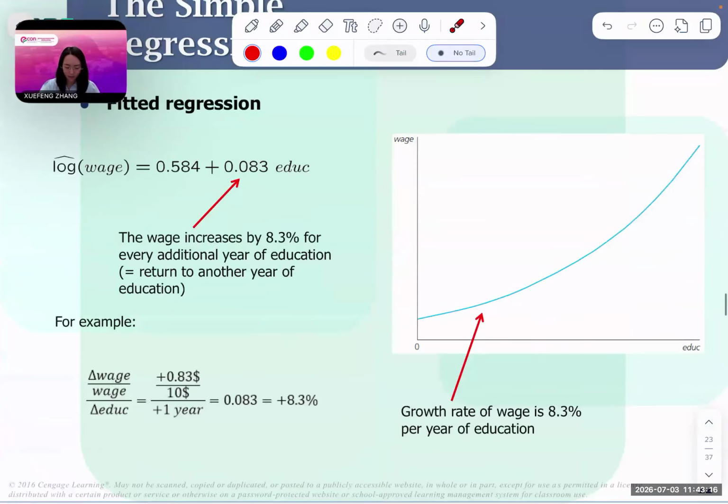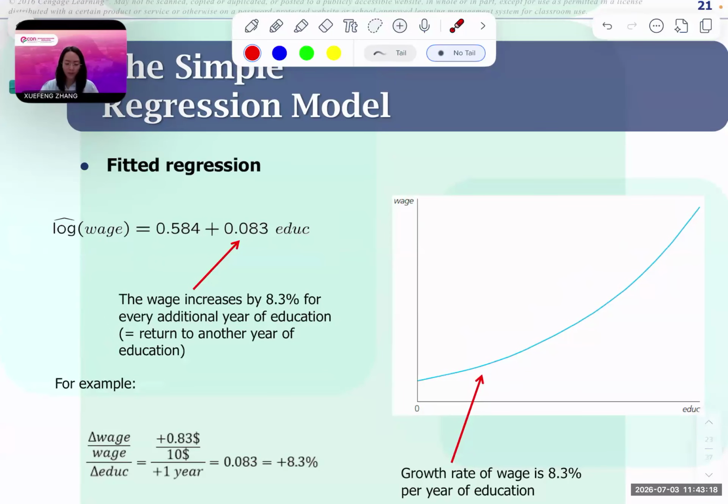Okay, so let me show you an example. Before, what is our beta 1 hat?